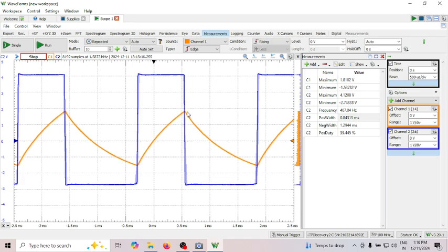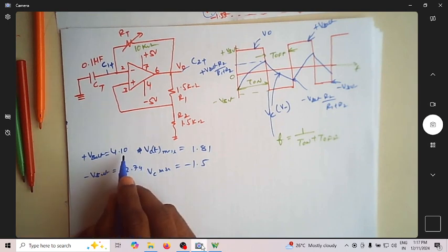So plus Vsat is 4.10 and minus Vsat is minus 2.74, and for the capacitor voltage, one of them is 1.81, the other one is minus 1.5. So these are the values that I'm getting.